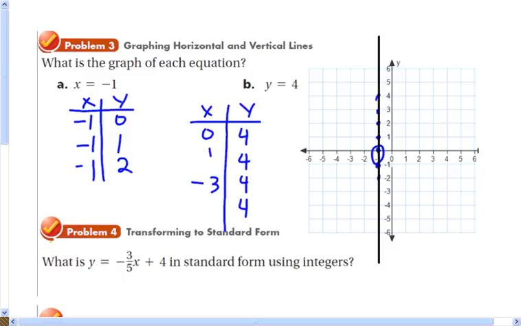And I can pick random points or whatever. But if I graph these points like 0, 4, 1, 4, -3, 4, and so on, you can see that all of these points are lining up right along this line. And so that graph is y equals 4. And this graph was x equals -1.